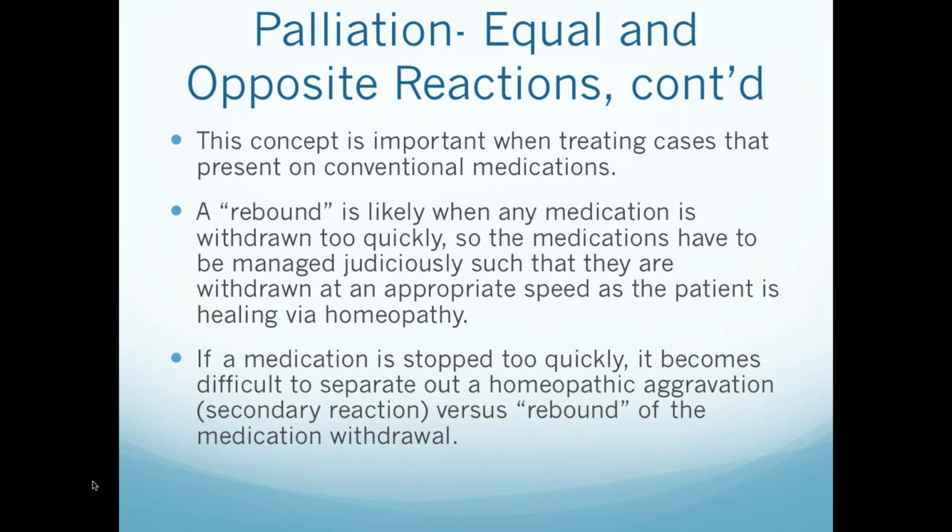Typically, like in diarrhea cases that come in on 2 or 3 medicines, I'll withdraw the one that I think is doing the least, whatever that might be. And then I'll go ahead and start doing the next. It might be one per month. It depends on the pace of the case and the cure too.